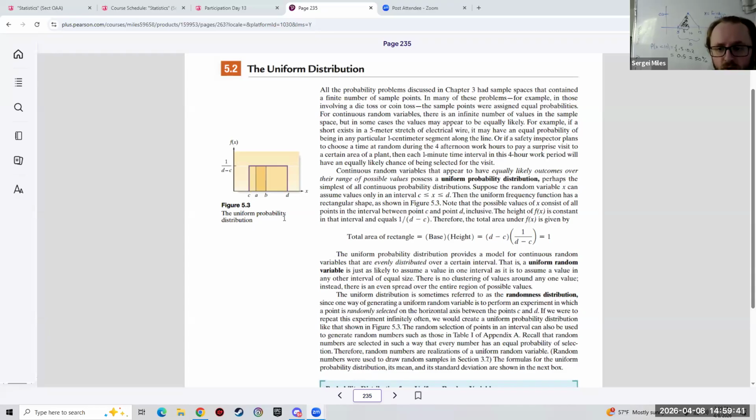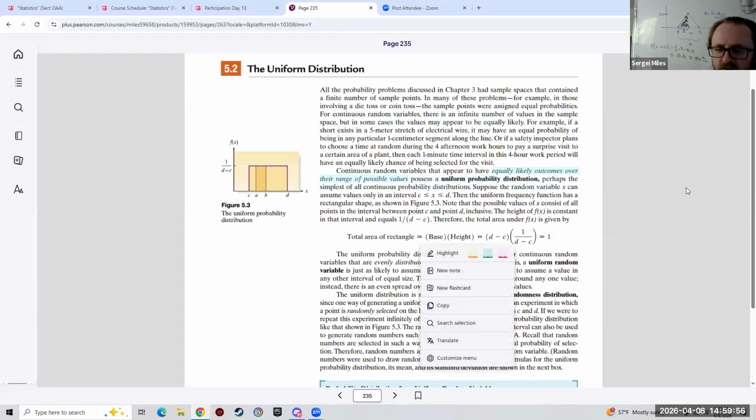We call it uniform because these are continuous random variables that appear to have equally likely outcomes over their range of possible values.